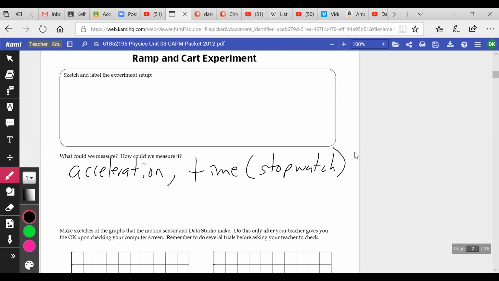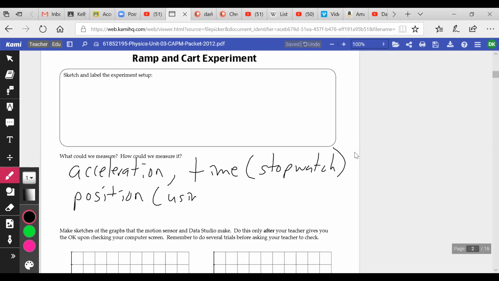Position. Yeah, we can always measure position just by putting a meter stick down. And then every second a student calls out, we can put a popsicle stick down or something to mark the position that the car is at that particular moment. I'll show a video here in a second where students were able to do that. Okay, so position, we can measure that.